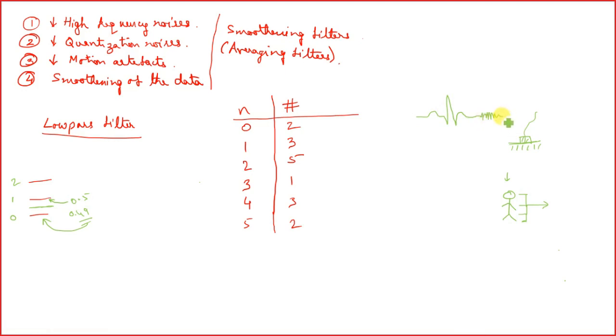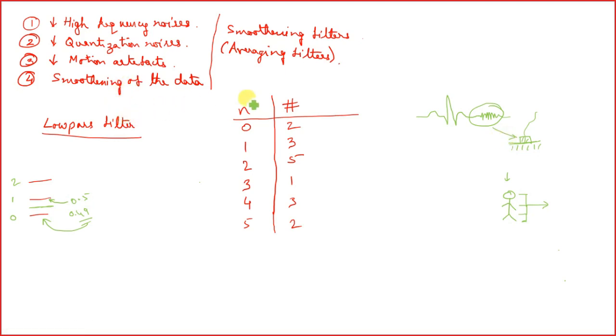So these are high frequency noises. These type of noises may occur from the relative movement of the electrode against the human body where it has been originally placed. So this kind of noise is called motion artifact.